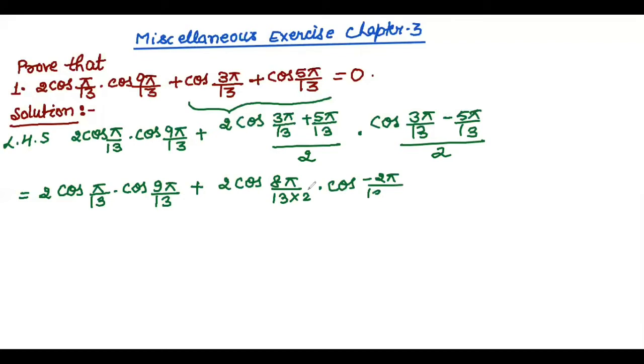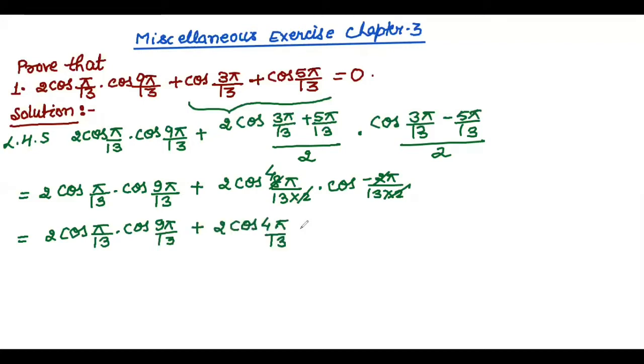So we can calculate it: this is 4, and this value we are getting here is 1. So we have 2 cos pi by 13 into cos 9 pi by 13 plus cos 4 pi by 13 into cos of minus pi by 13.